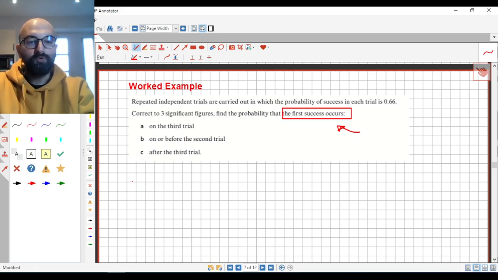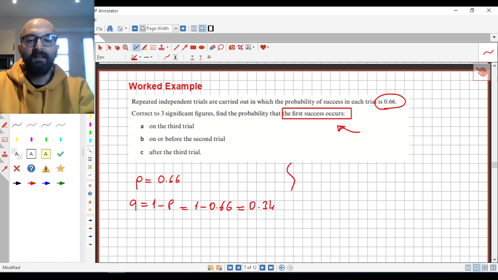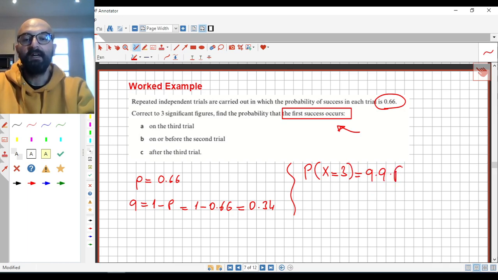Firstly, we have to determine the probability of success and the probability of failure. The probability of failure, as you know, is 1 minus p. The probability of success is 0.66. The probability of failure is 1 minus 0.66, so we can say 0.34. And then we are looking for the probability of the third trial. So the first trial has to be a failure, the second trial has to be a failure, and the third trial has to be a success.